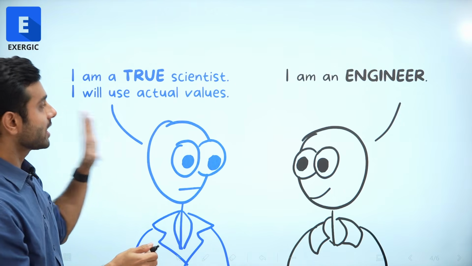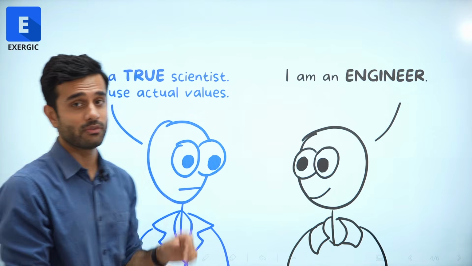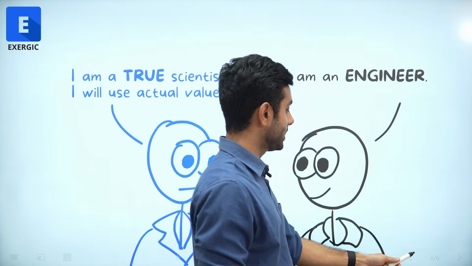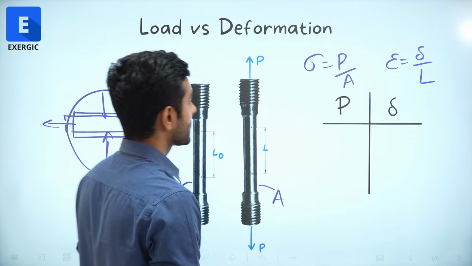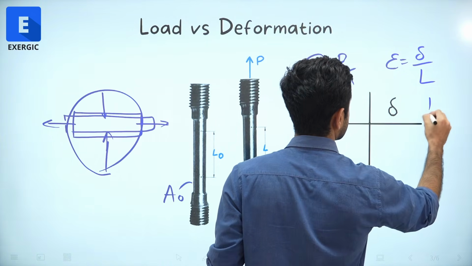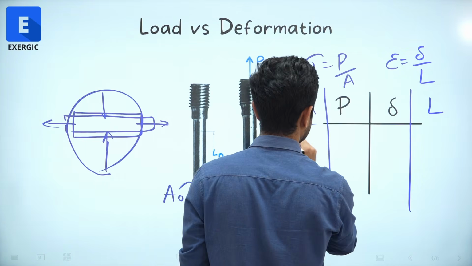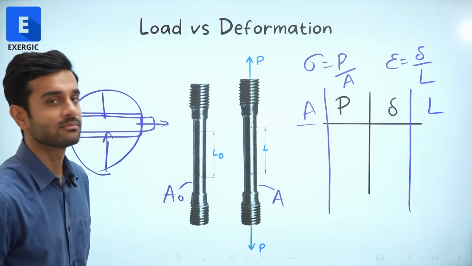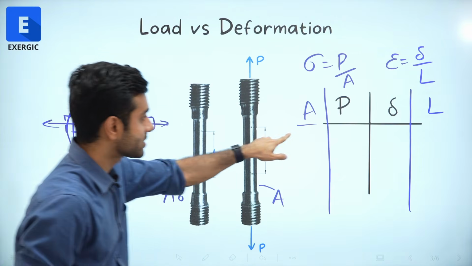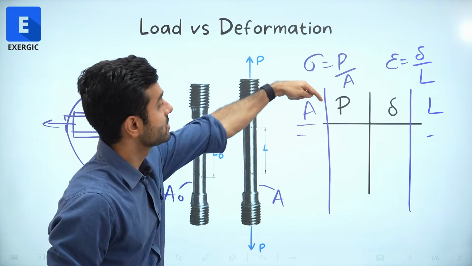So this true scientist is saying that I will use actual values at every instant, whatever data is there, I will record their length as well as their area, at every reading that I am taking. And those things I will note, and I will use the actual value.